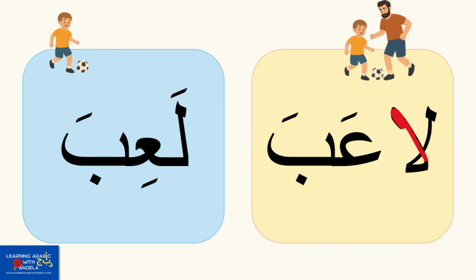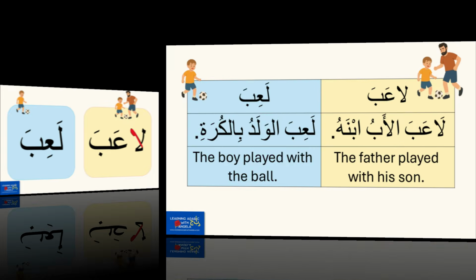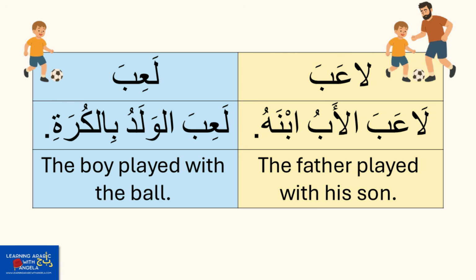Now that you've seen the pattern with jalasa and jalasa, let's see if it appears elsewhere. لعب means he played. لعب means he played with someone. Again, another person is involved. Look at the first sentence. لعب الولد بالكرة.